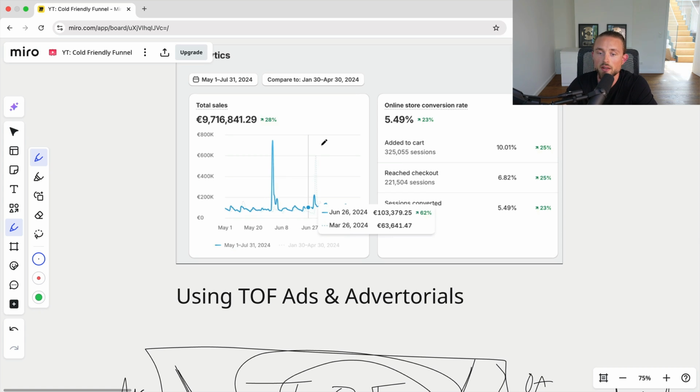Even at that growth stage, that's the biggest leverage. As you can see here, we are doing around 100K per day on average now in the second quarter, compared to the first quarter of the season where we were at around 60K per day, and we were able to increase all their KPIs by over 20% each.